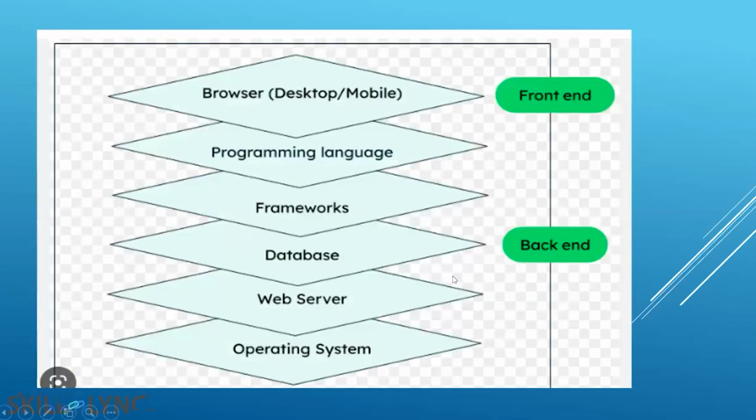And to make a browser application, as I told you, we have two parts, front end and back end. The front end, where is it publishing? It is publishing on your browser. This browser can be on your desktop, it can be on your mobile, or it can be on your laptop, wherever it is.